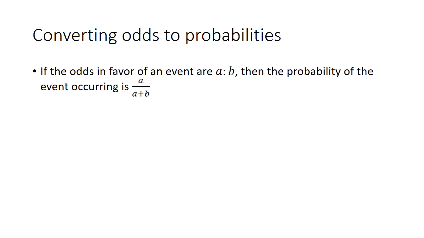So sometimes you'll need to convert between odds and probabilities. Your odds are going to come in a ratio like this. For your probability of an event occurring, you're going to take your A and put it on top, and your A plus B, because that's your total, is going to go on bottom.